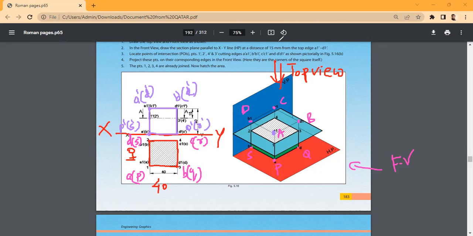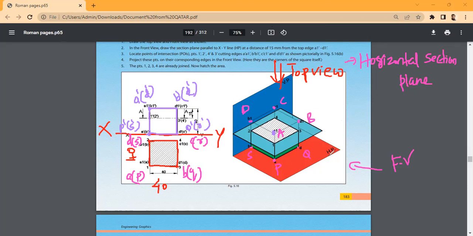Then next is the cutting plane. Draw the cutting plane. What is the name of the cutting plane? It is horizontal section plane, right? What is a horizontal section plane?